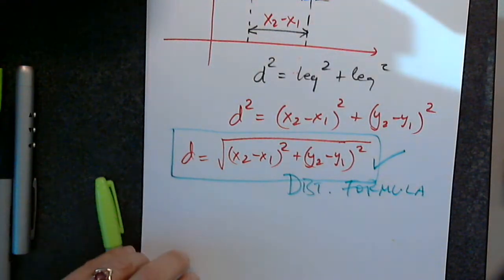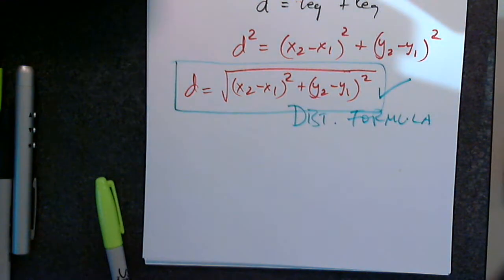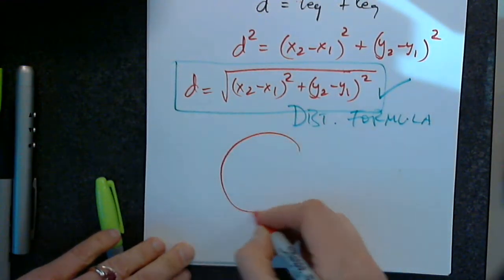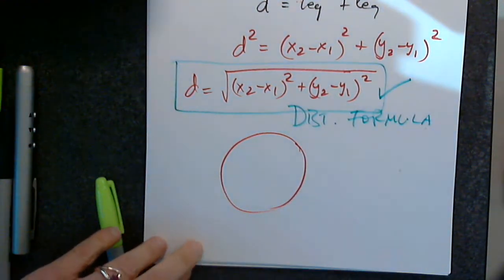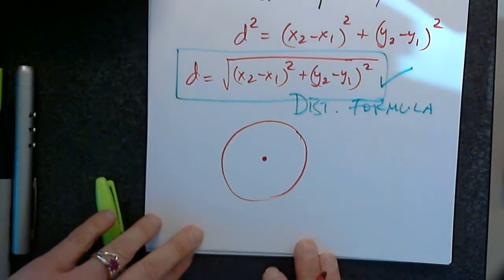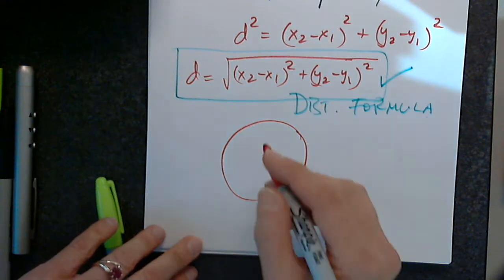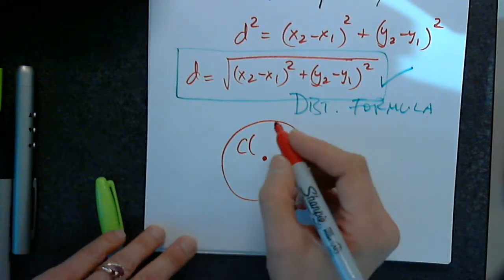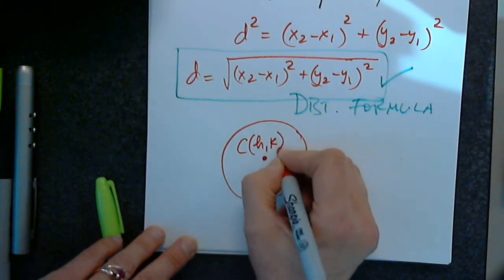Perfect. So now bear with me, and let's go back to the following graph. Let's say this is a circle. And here's the center of this circle, and the coordinates of the center are h comma k.